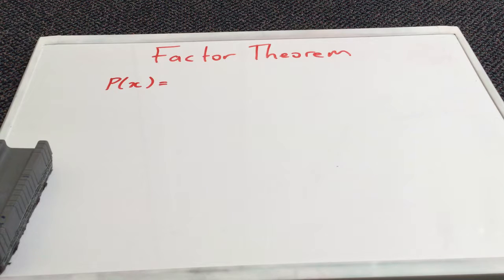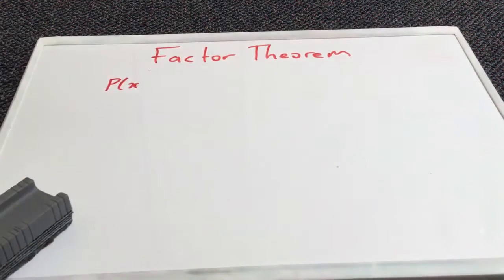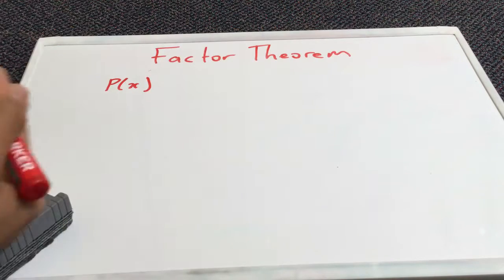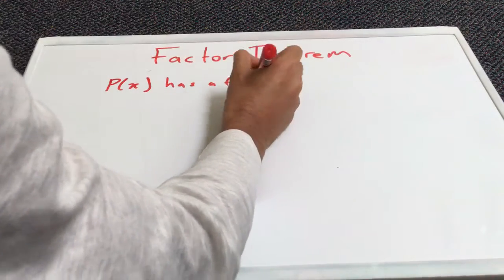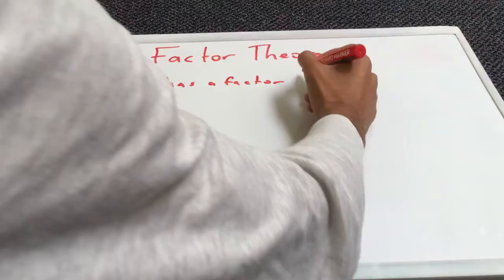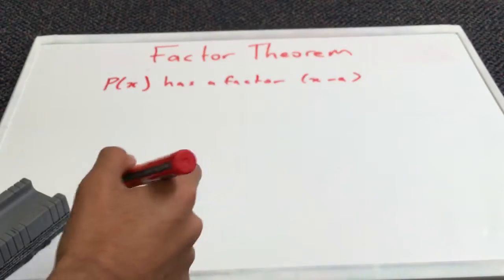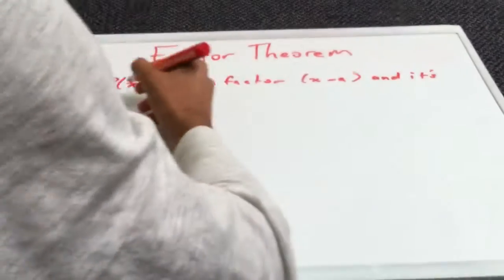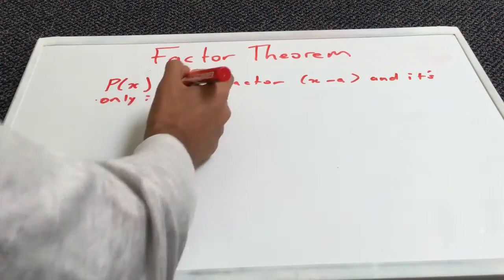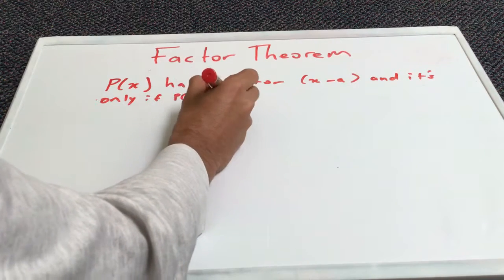So let's begin. So what is factor theorem, and what does it tell us to do? So when p of x, our rule tells us p of x has a factor of x minus a, and this is only if p of a is equal to 0.